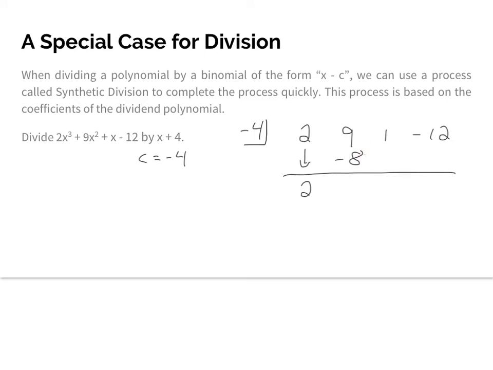Now I just add down. 9 plus negative 8 is 1. I repeat this process once again using negative 4 multiplied by the 1 and putting that answer here. So negative 4 times 1 is negative 4. And once again, I add down. 1 plus negative 4 is negative 3.